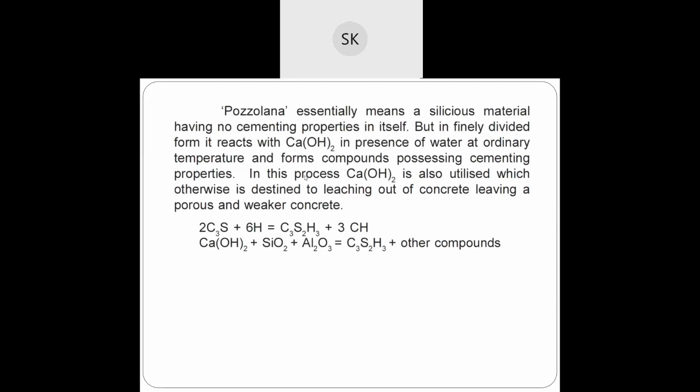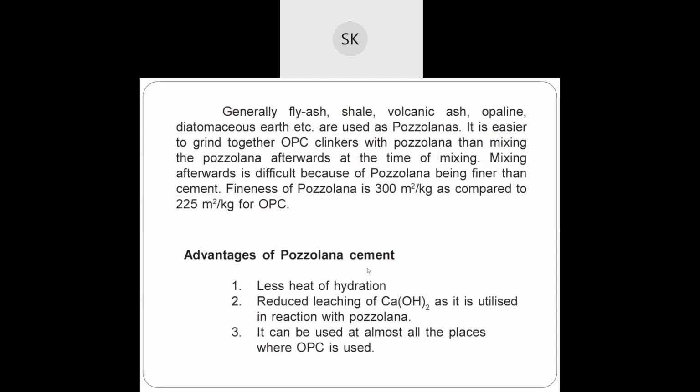In this process, calcium hydroxide is also utilized, which otherwise is destined to leach out of concrete, leaving a porous and weaker concrete. So this is the reaction of how pozzolana works.